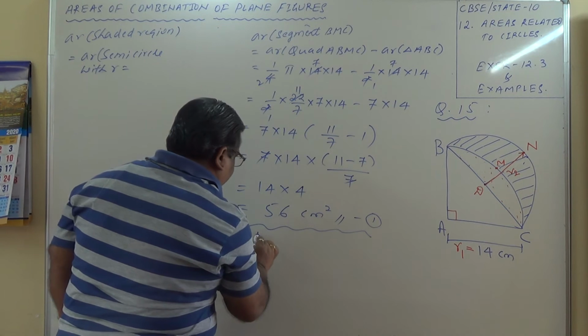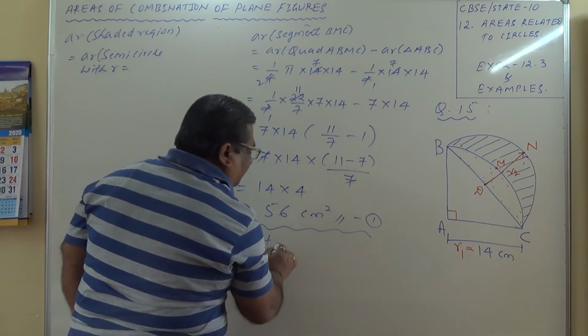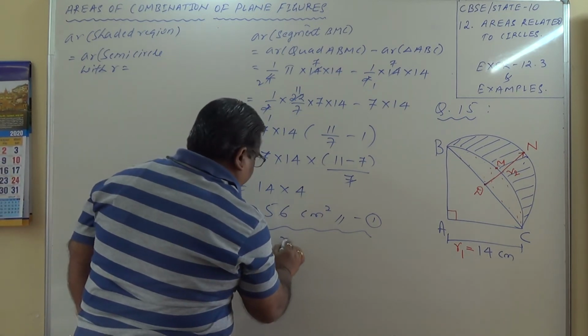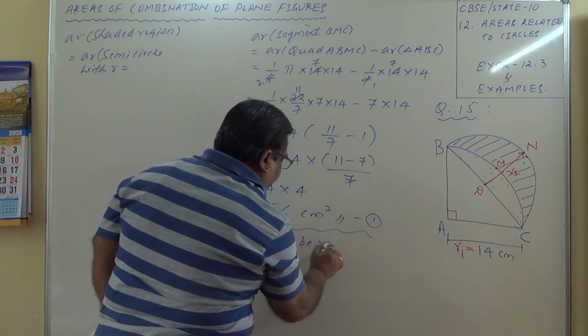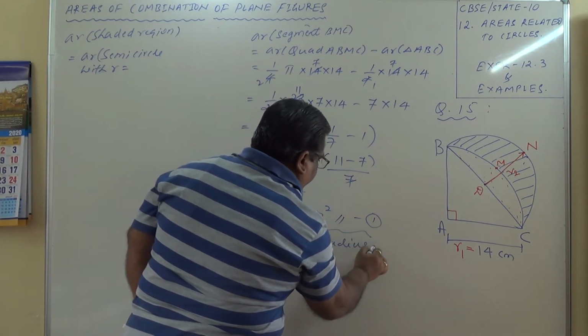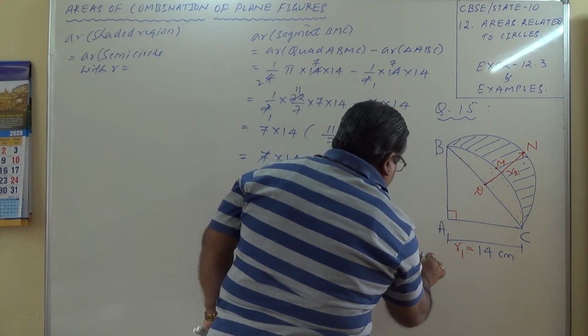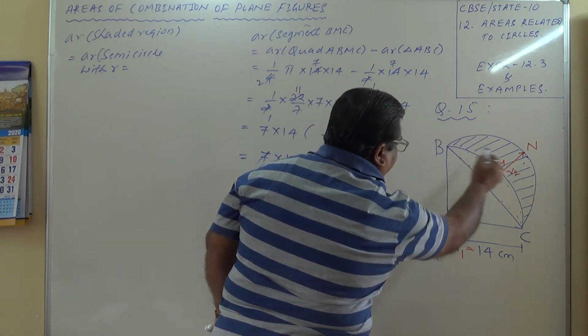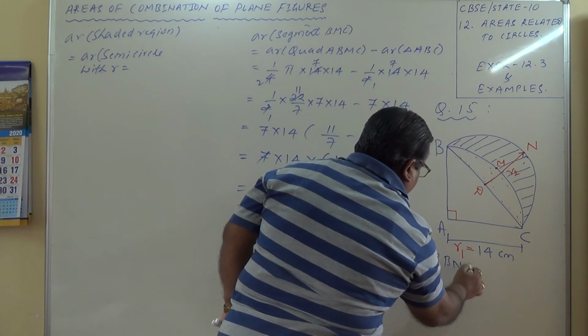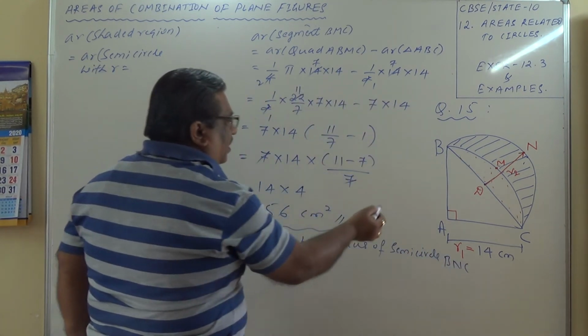So here I will write, let R2 be radius of semicircle BNC. Therefore, how do you get that one?